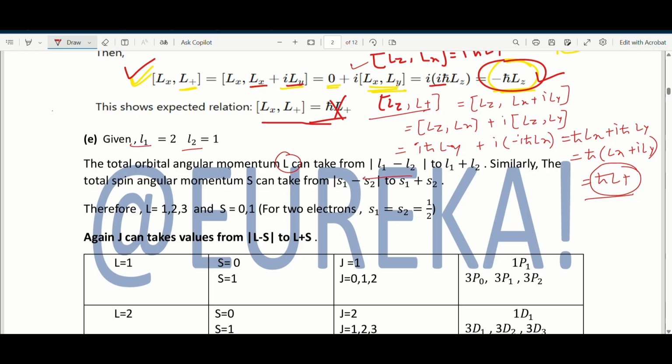Similarly, the total spin angular momentum S also runs from mod of s1 minus s2 to mod of s1 plus s2. Therefore, for l1 and l2 equal to 2 and 1, we get capital L as 1, 2, 3 and capital S as 0 and 1, for the two electron system.